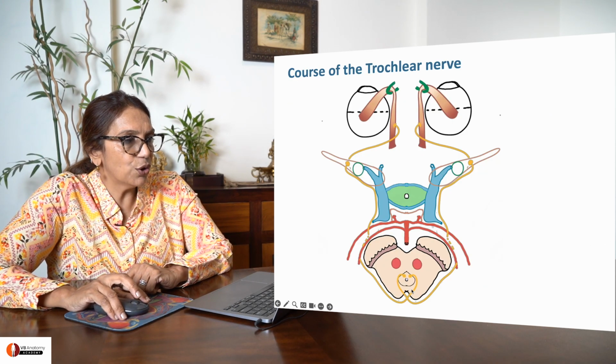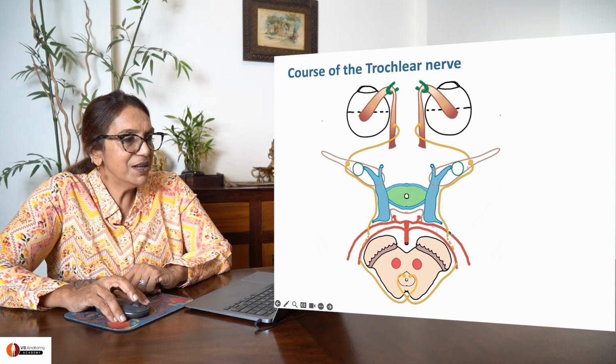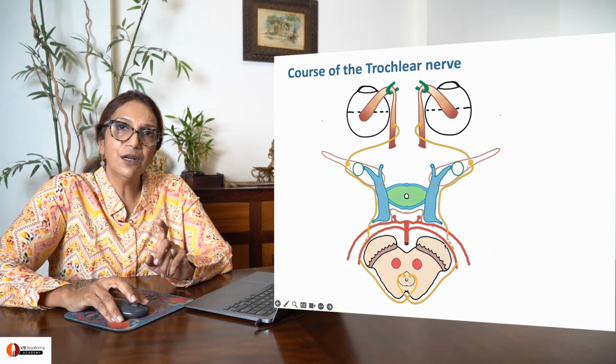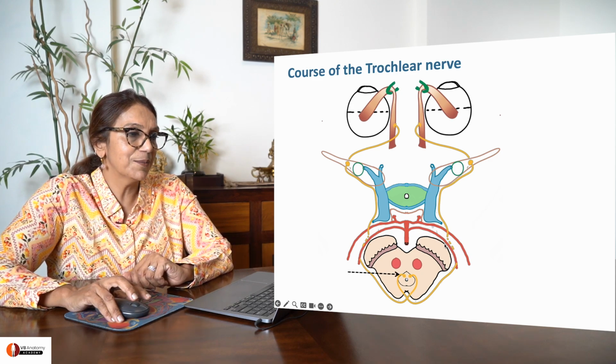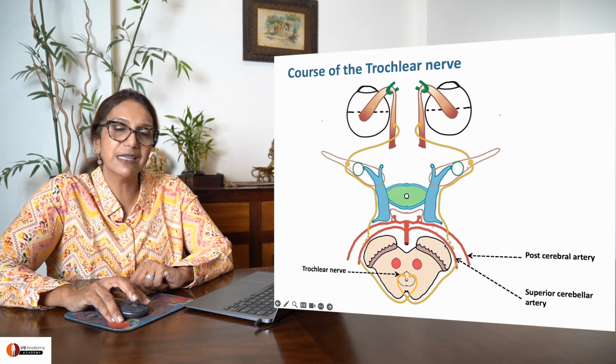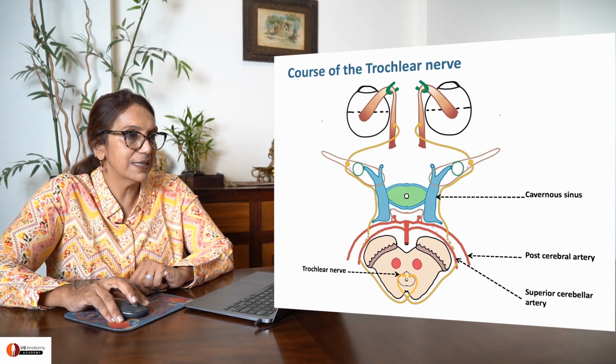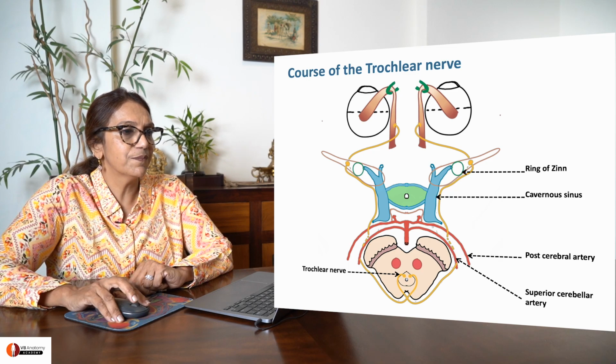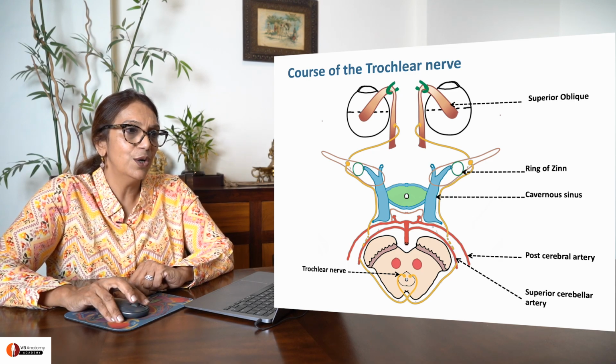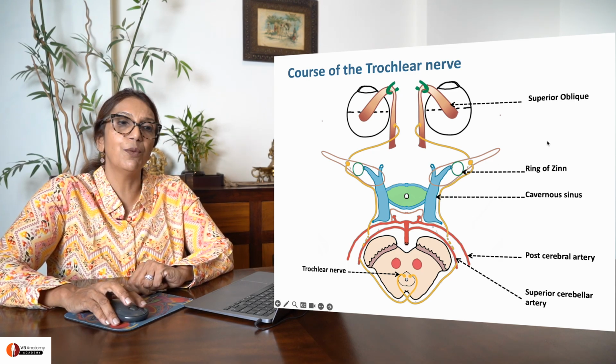Here you're seeing the trochlear nerve crossing dorsally, winding around midbrain, coming forward, passing between 2 blood vessels, superior cerebellar and posterior cerebral, passing forward in the lateral wall of cavernous sinus, passing through the superior orbital fissure, lateral to the ring of Zinn, to go and supply the superior oblique muscle.